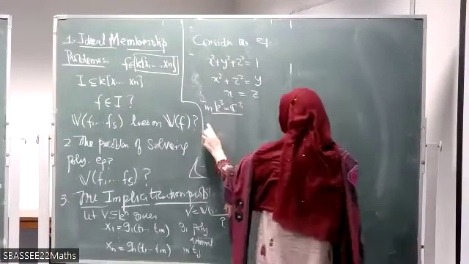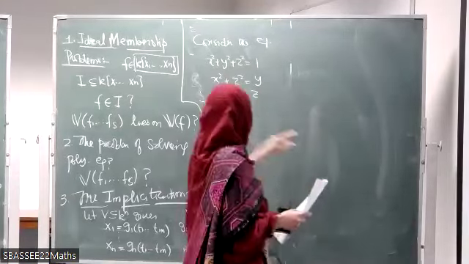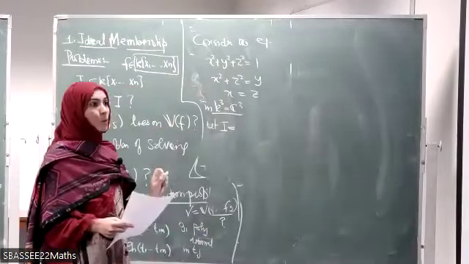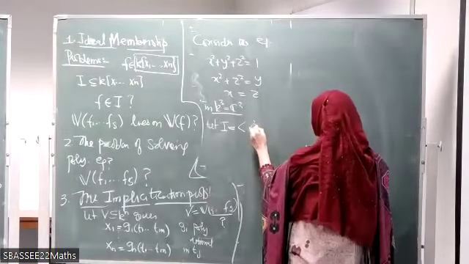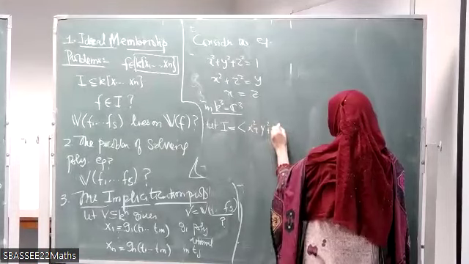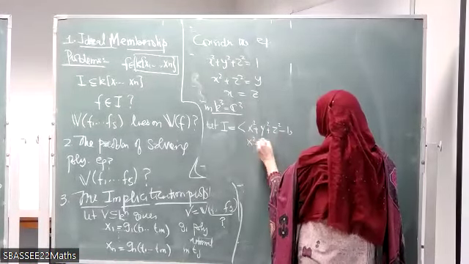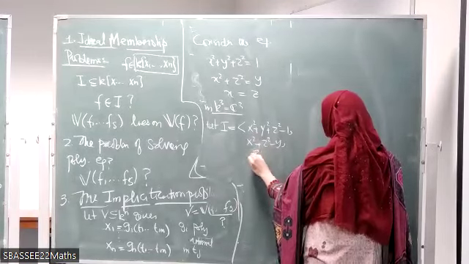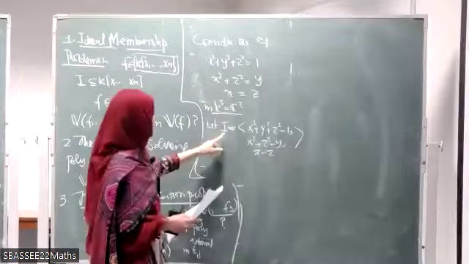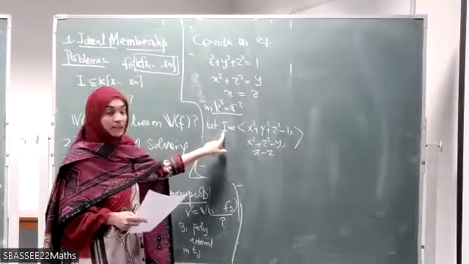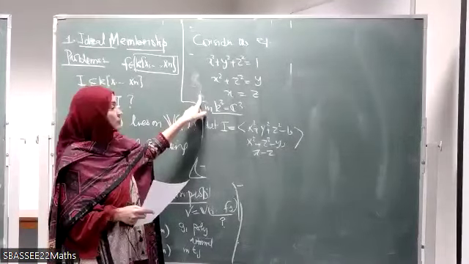Okay. Now you consider your ideal, which is generated by these polynomials. I can write all these in a polynomial setup: the generators, minus 1, minus y, and x minus c. Now you can see that if I take the variety corresponding to this I, it gives you the solution set of this collection of equations.